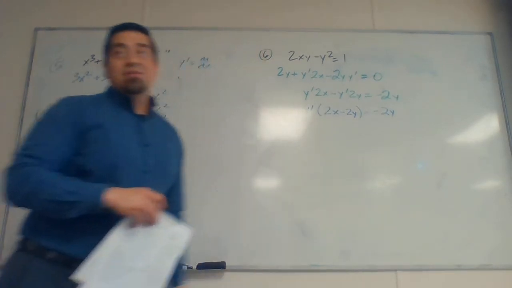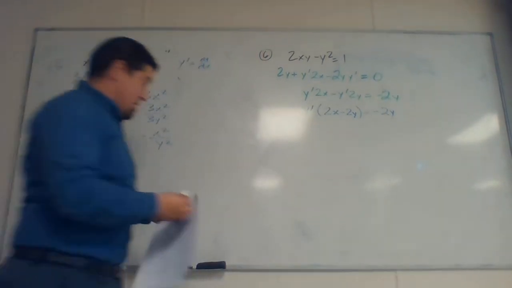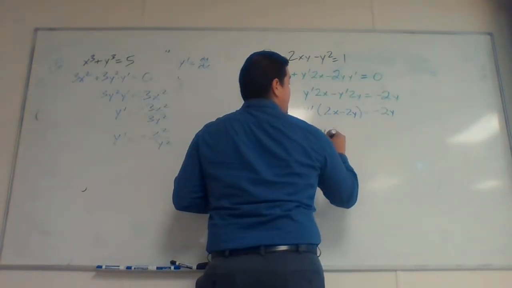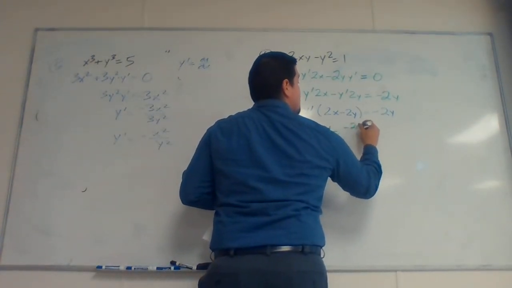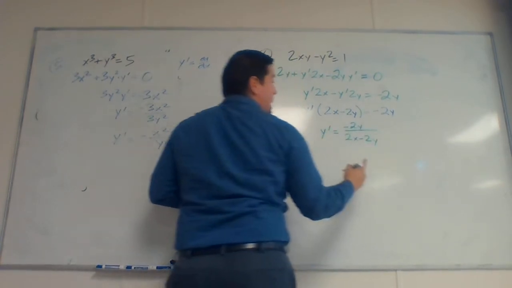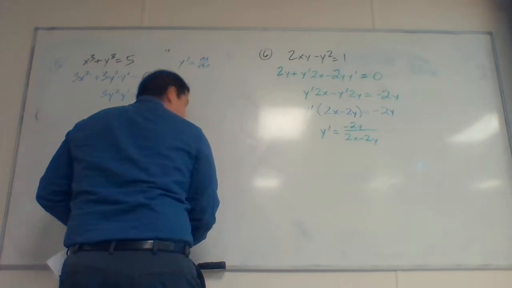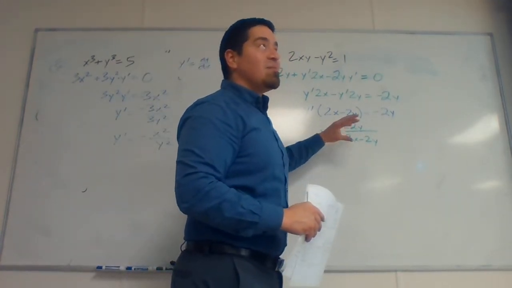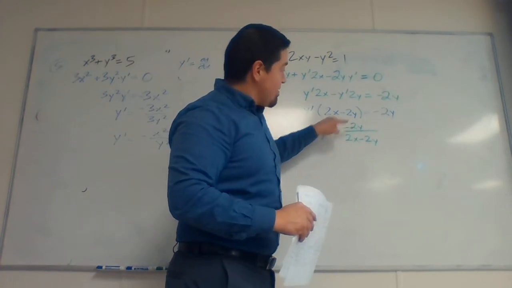What's the final step? Divide. We're going to divide by 2x minus 2y. So y prime equals negative 2y over 2x minus 2y. Now here's a shortcut: if everything has the same factor, I can divide everything by that factor.